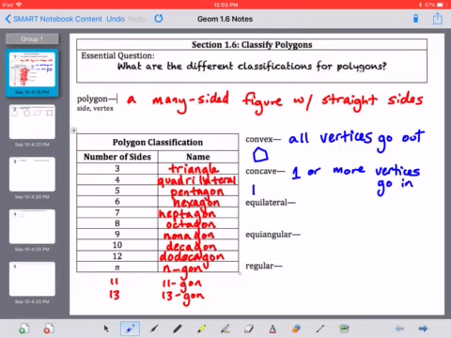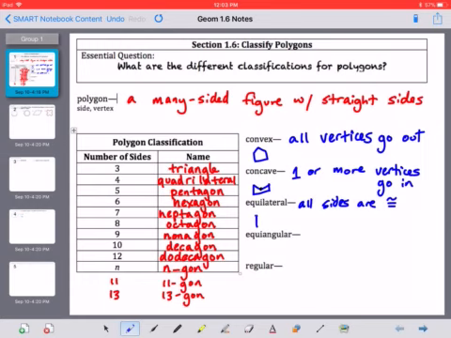So for example, say we've got these 3 sides, and then, oh no, our house's roof caved in, so this point right here, where it caves in, makes it concave. Equilateral means that all sides are congruent.